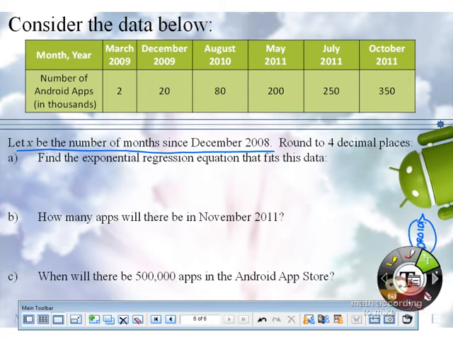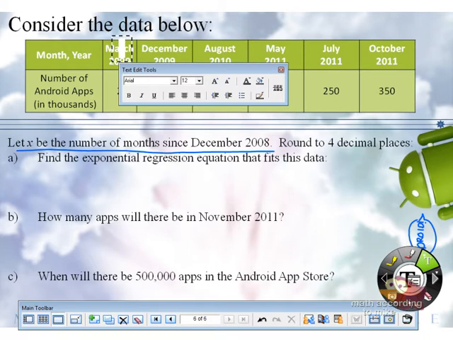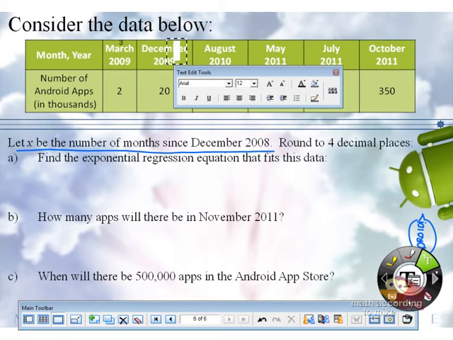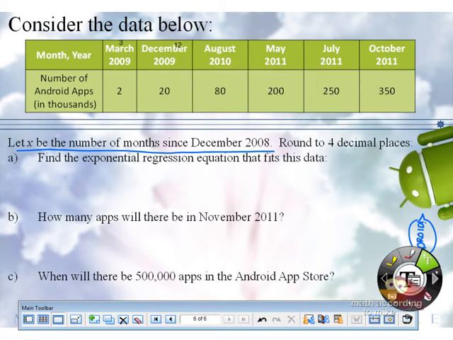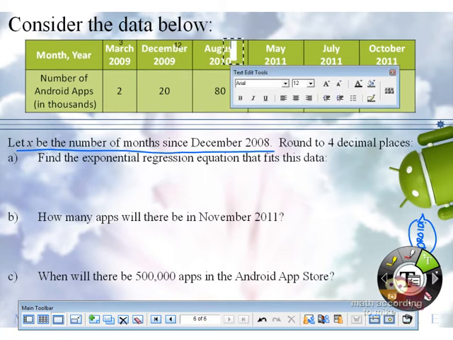So as we said, March 2009 is really 3. What's December 2009? 12. August 2010? 21. No, 20. August is the 8th month. May 2011.